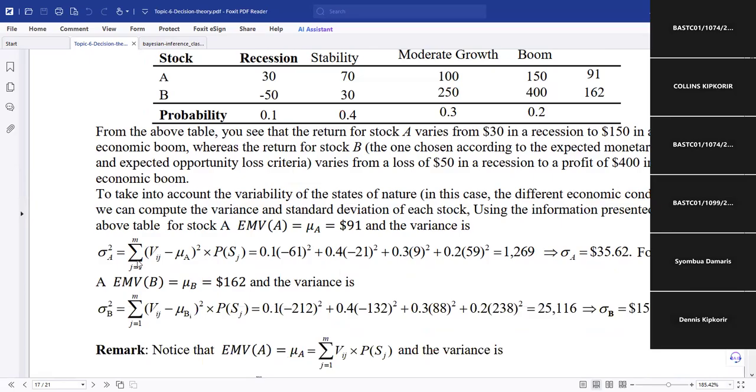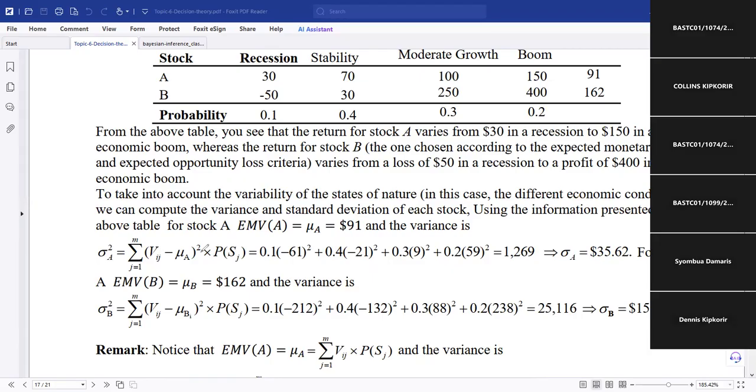To compute the variance, you need to get each and every observation minus the mean. Getting the expected value is the same as getting the mean in statistics. So these EMV values that you're getting, we take them to be our means. So I take each and every observation minus the mean, and I square that, and I multiply by the probabilities.